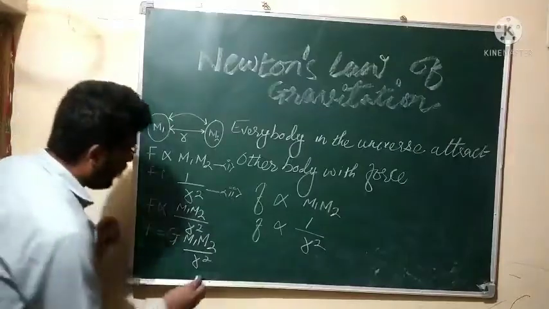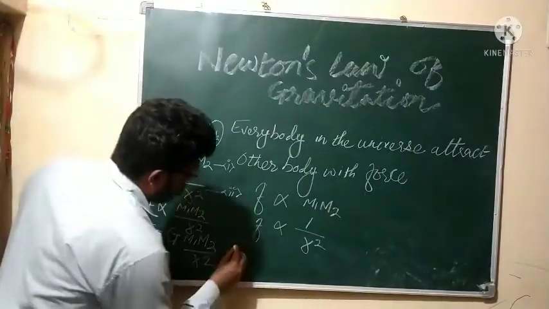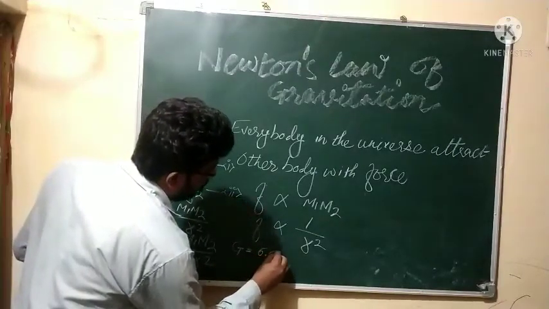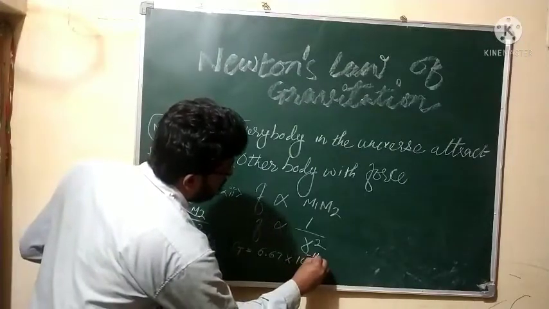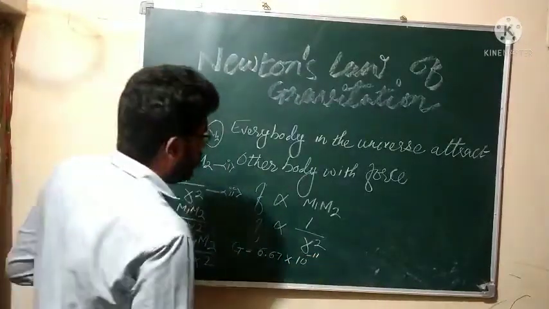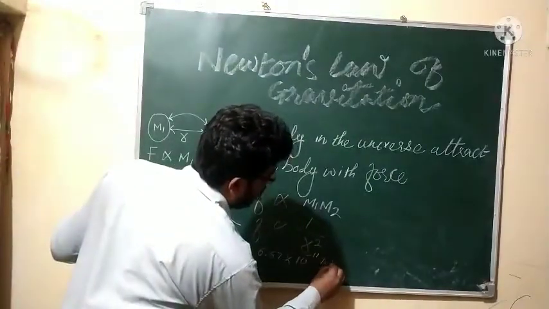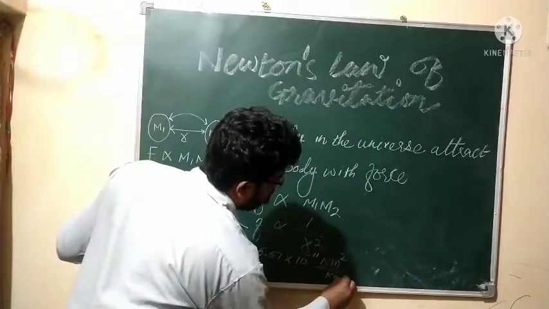Here the value of G equals 6.67 into 10 to the power minus 11, and the unit of this G is Newton meter square divided by kg square.